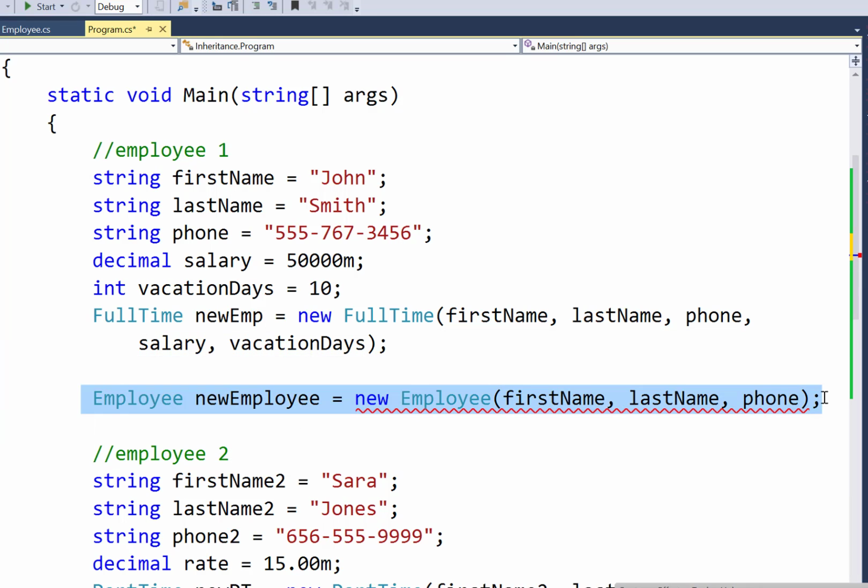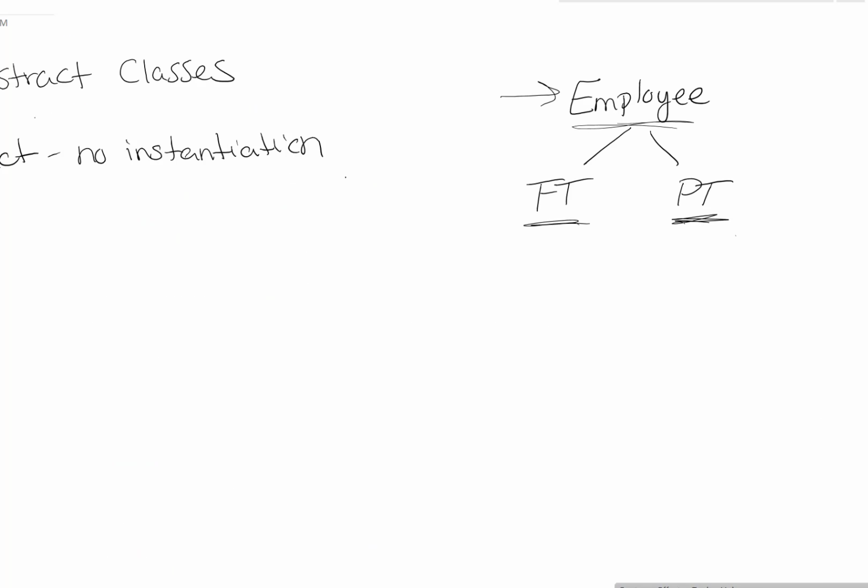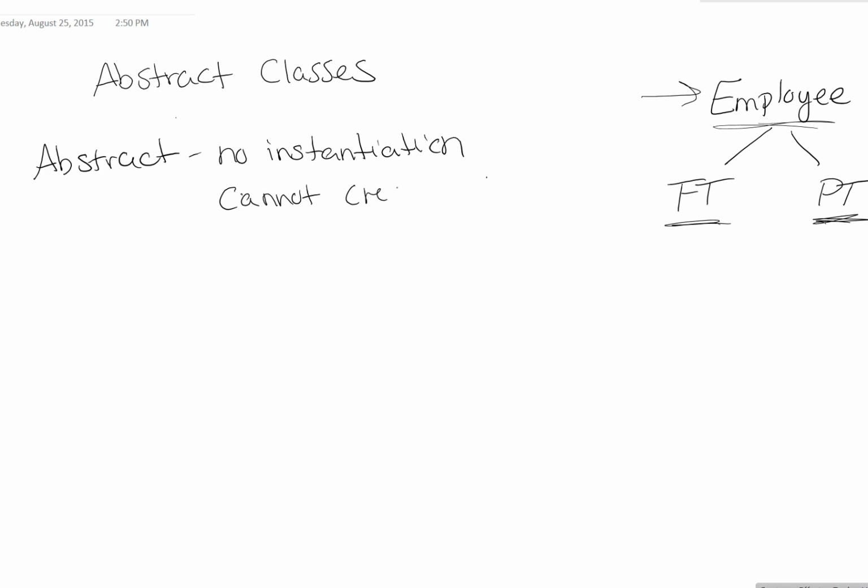So using the object creation statement with abstract classes is a violation of the syntax rules. So when we're talking about abstract classes, no instantiation, you cannot create them. It is only for the idea of creating a base class that can be built upon.